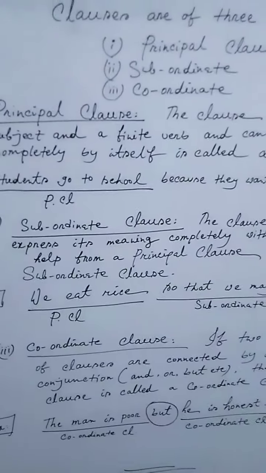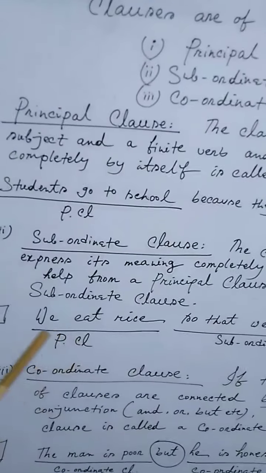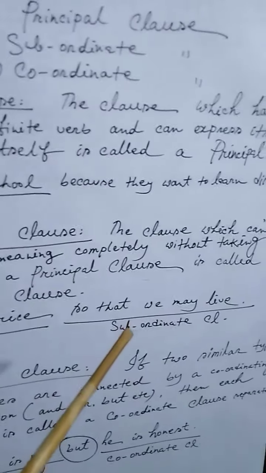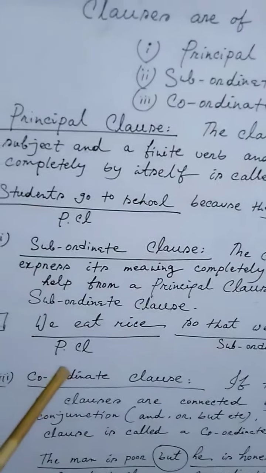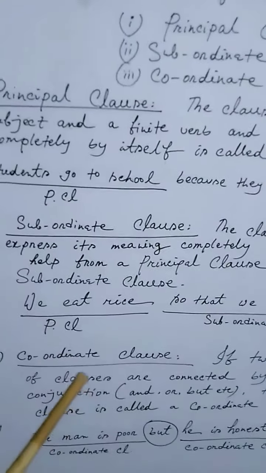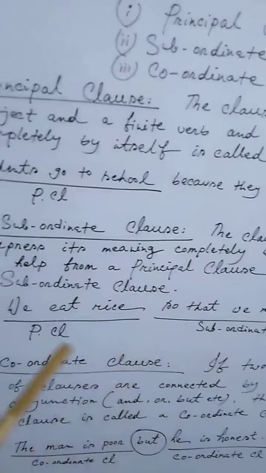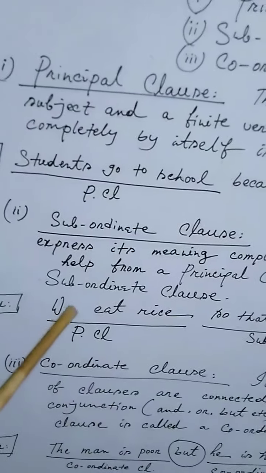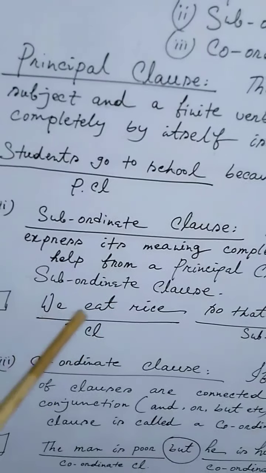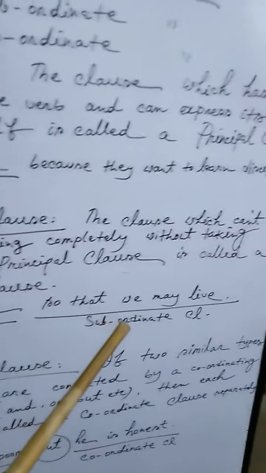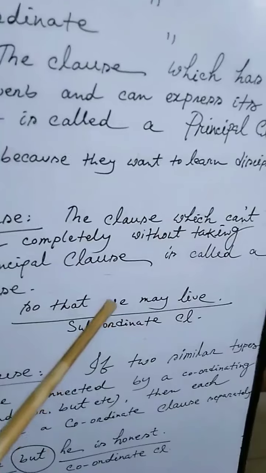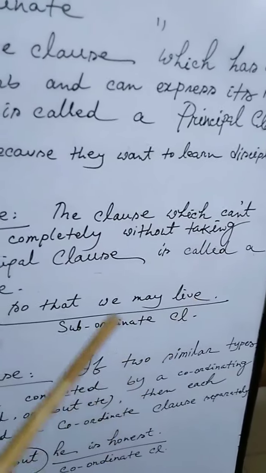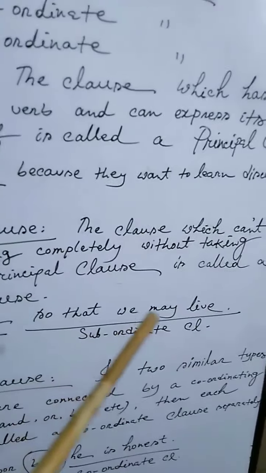This is a sentence. It has two parts. One part is we eat rice, and another part is so that we may live. Both parts of this sentence are clauses, because in these two parts we can see subject and finite verb. We, subject, eat, finite verb. That's why this part is a clause. And here we, subject, live, finite verb. That's why this part is also a clause.